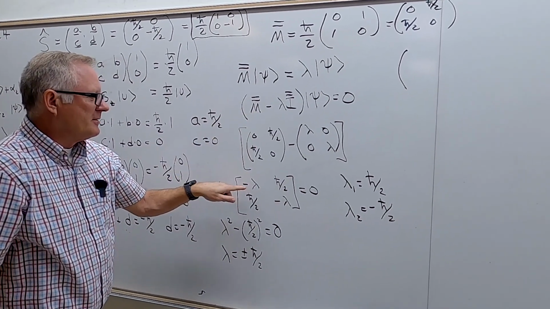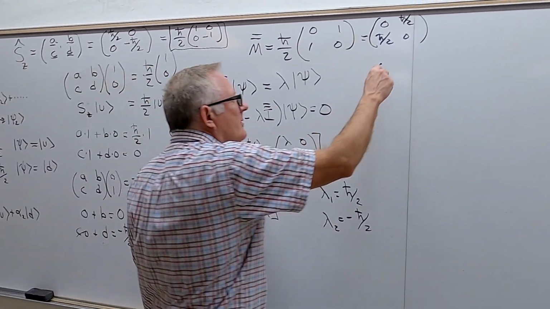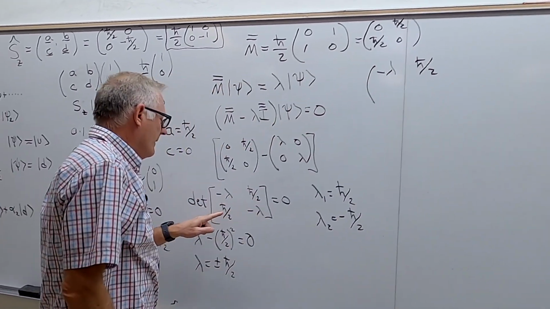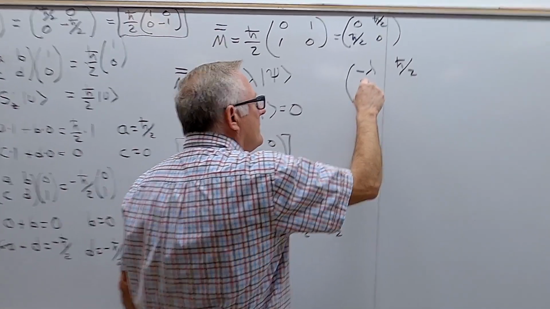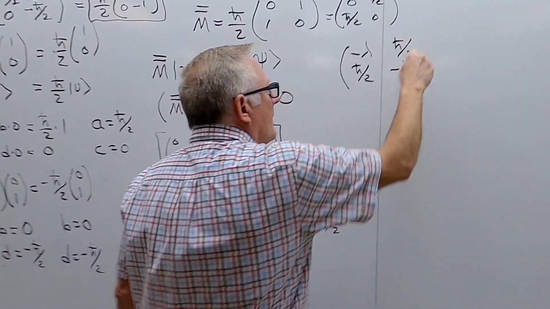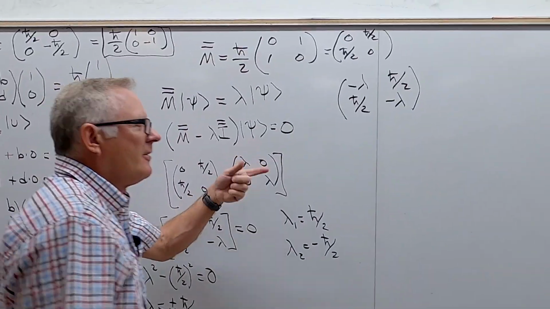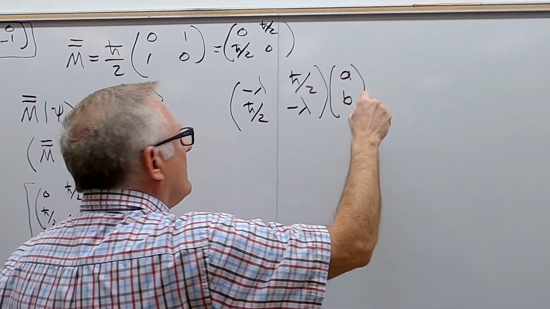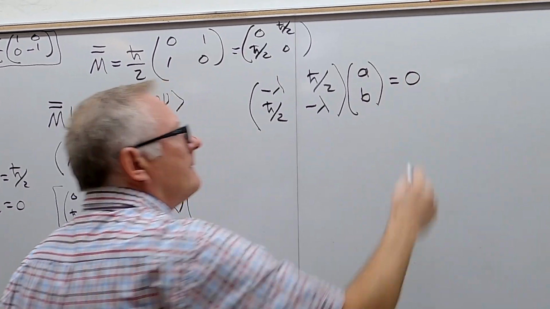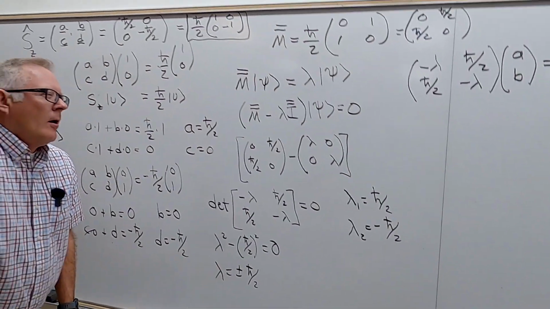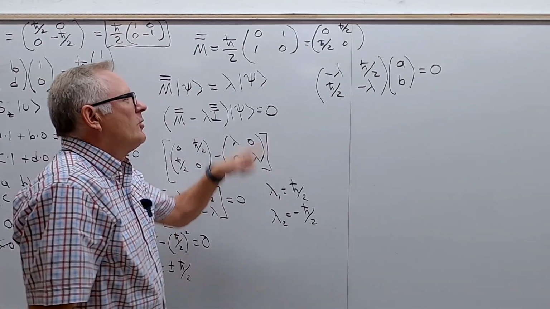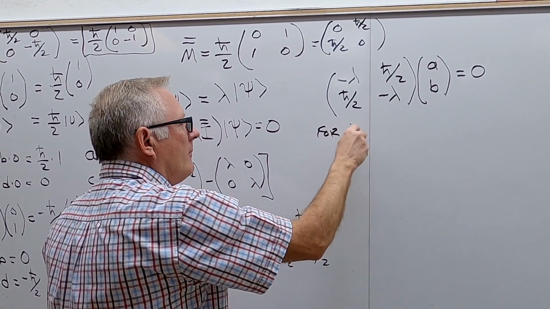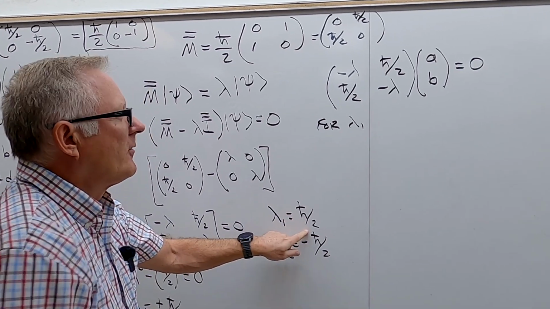So this part right here is minus lambda, h bar over 2, h bar over 2, minus lambda, times my psi, I don't know what it is, we'll just call it A, B, and that equals 0. Okay, now let's plug in what lambda, we'll do it first for lambda 1. So for lambda 1, it's h bar over 2.